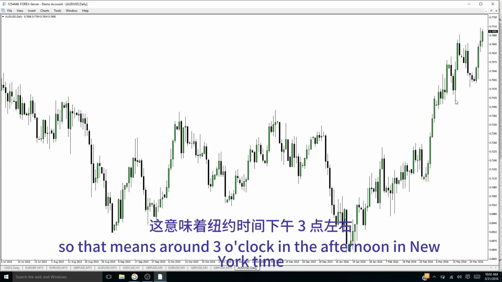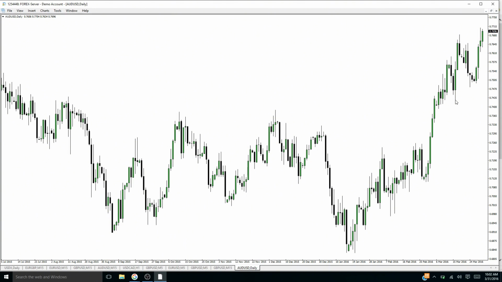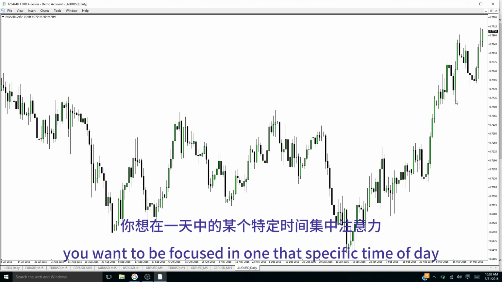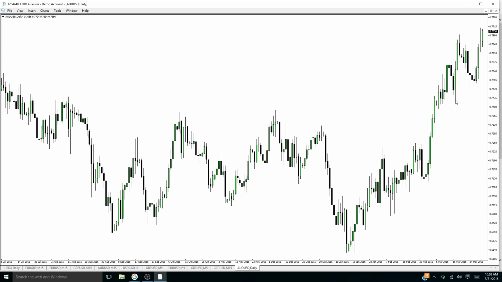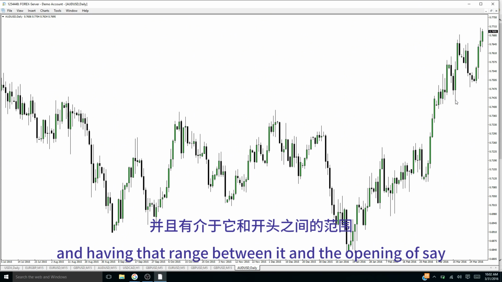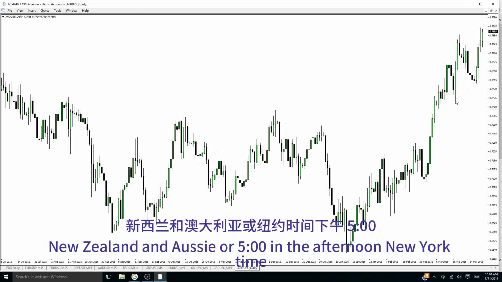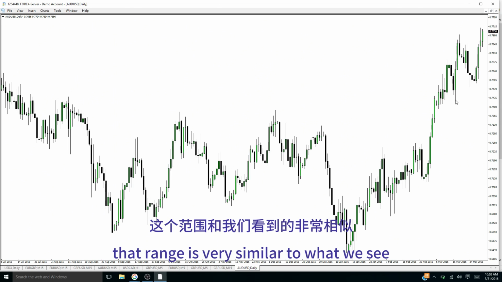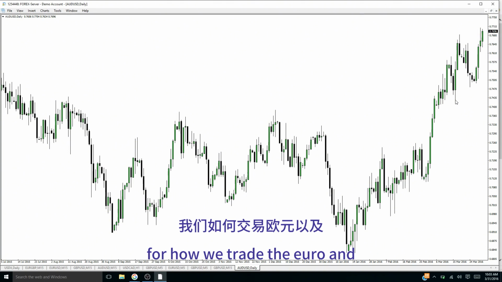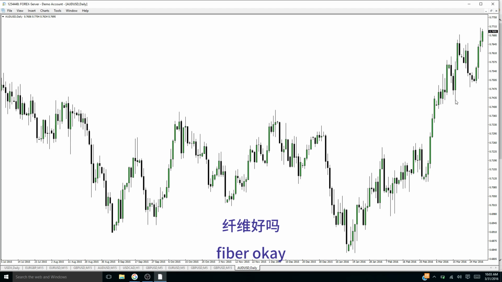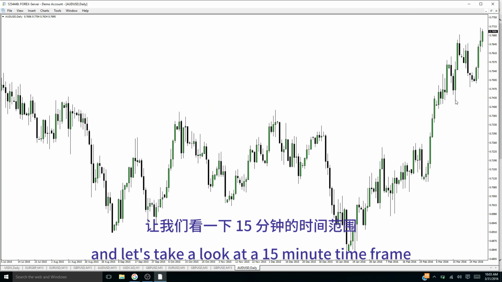So that means that around 3 o'clock in the afternoon in New York time, you want to be focused in on that specific time of day and having that range between it and the opening of, say, New Zealand and Aussie, or 5 o'clock in the afternoon New York time. That range is very similar to what we see for how we trade the euro and fiber. And let's take a look at a 15-minute time frame.